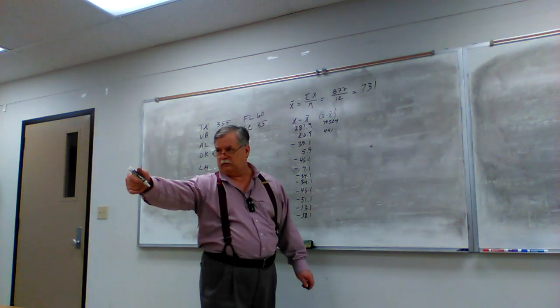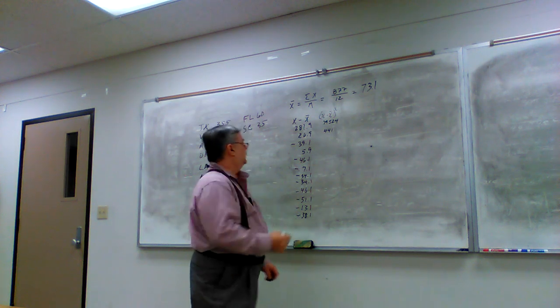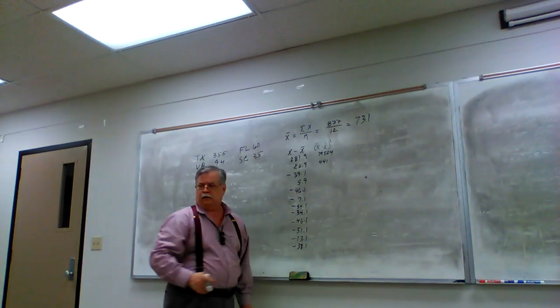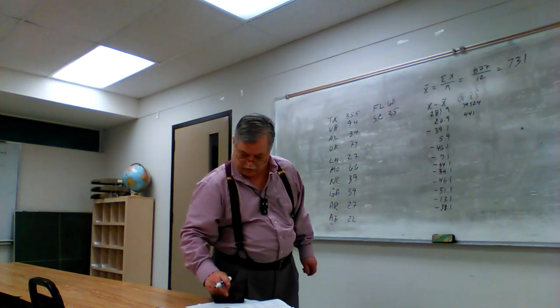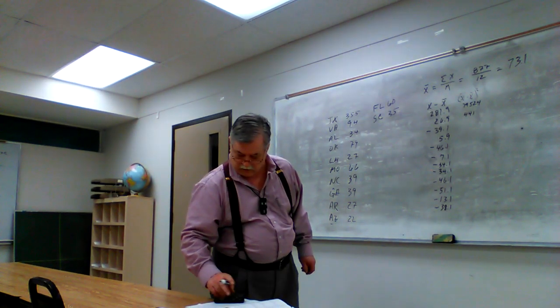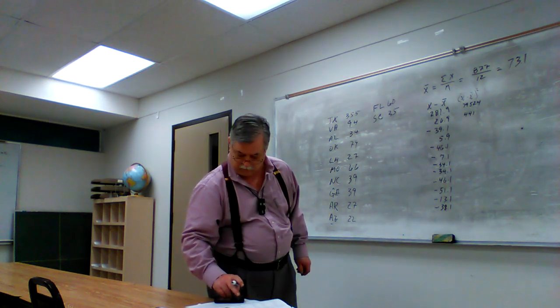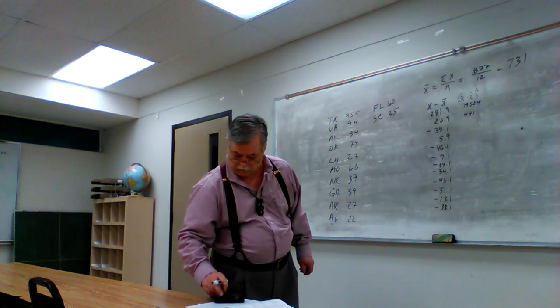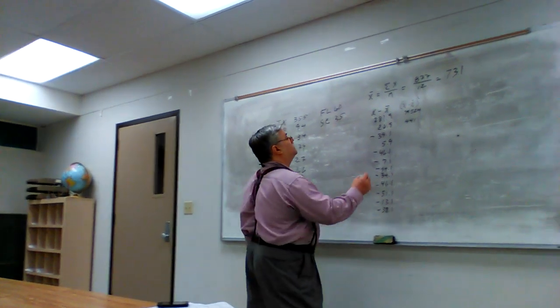And what did you get? For 39.1 squared? Yeah, 39.1. 1,528.81.